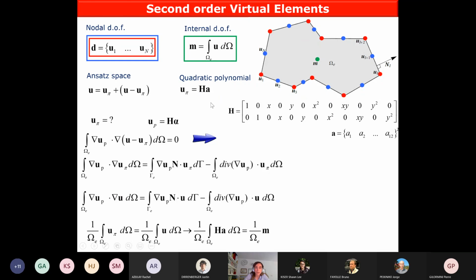This quadratic polynomial is defined in terms of 12 coefficients in 2D. And now, somehow, we have to link these coefficients to the nodal displacements of this virtual element.